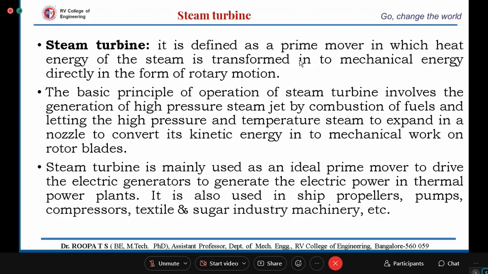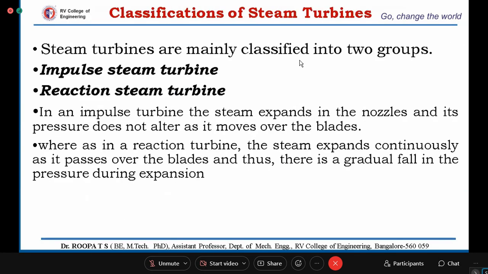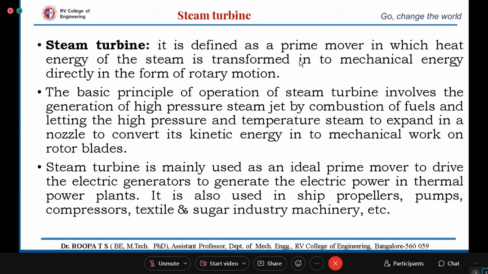Okay. So steam turbine, of course, I had explained to you how the pressure and velocity are varying in a steam turbine. So just to quickly run through, as the name itself suggests, a steam turbine is a turbine which runs with the energy obtained from the steam. Heat energy of the steam is transferred into mechanical energy in the form of rotary motion.